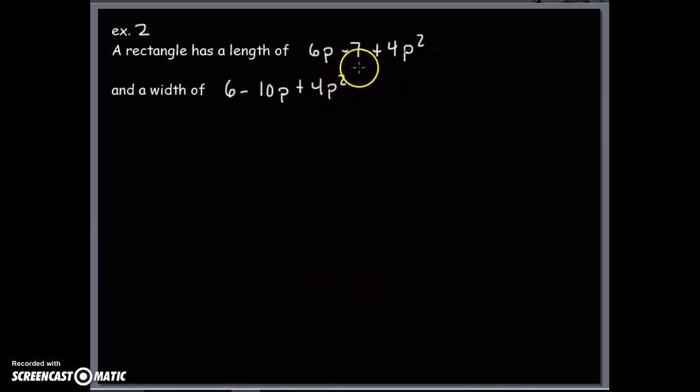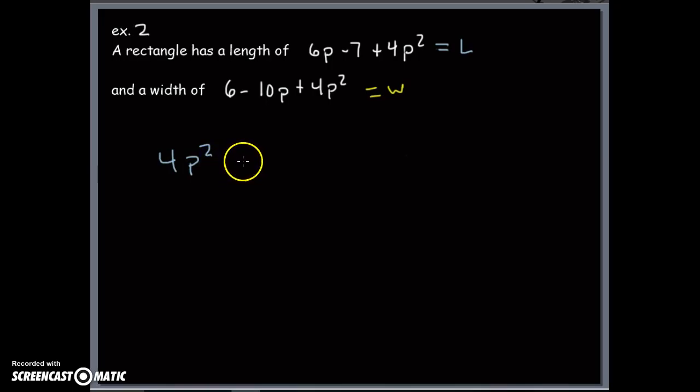Example number 2. So we have our length and we have our width. We can go ahead and say that the length is this because it tells us, and obviously the width is this because it tells us. So our second step will be to put the length in standard form from highest to lowest exponent. The highest exponent in this particular problem is p squared.